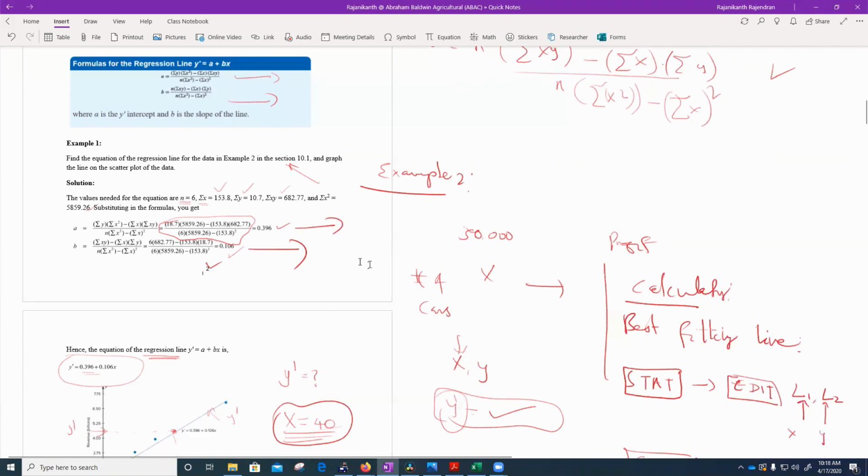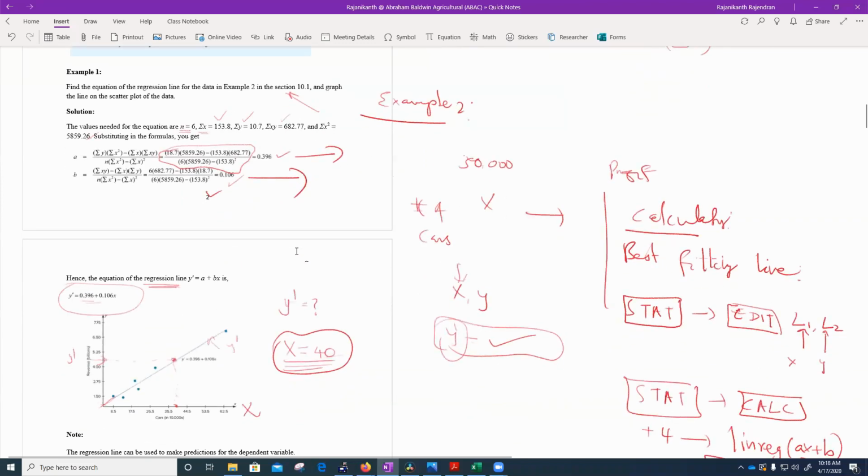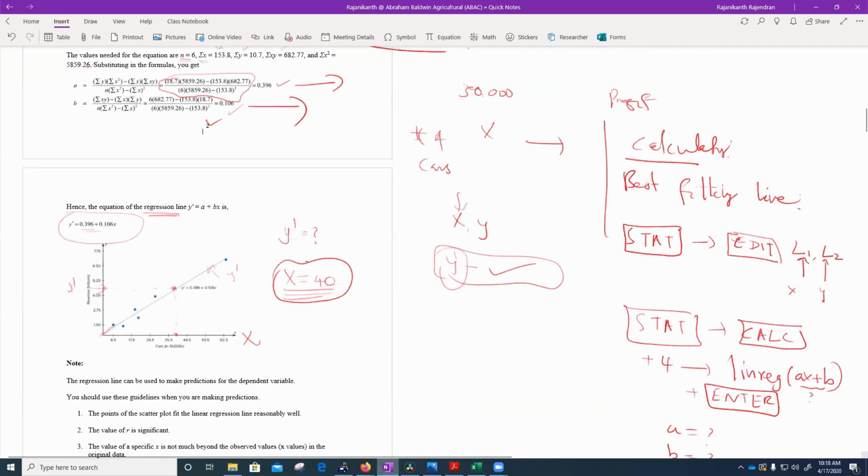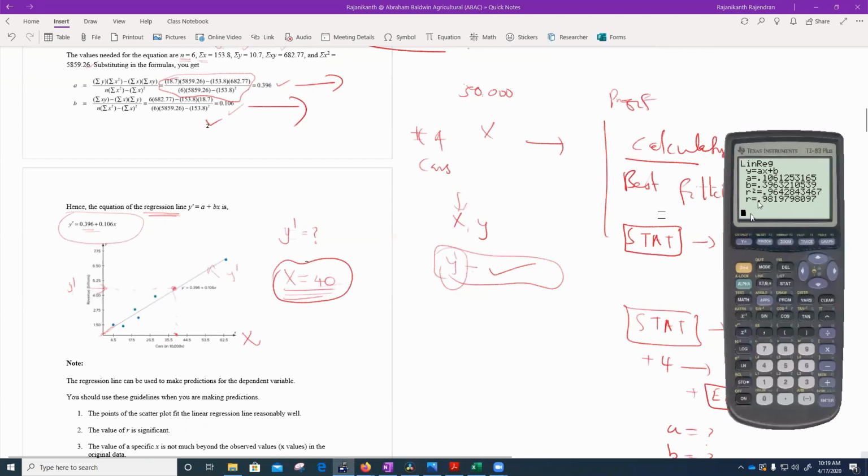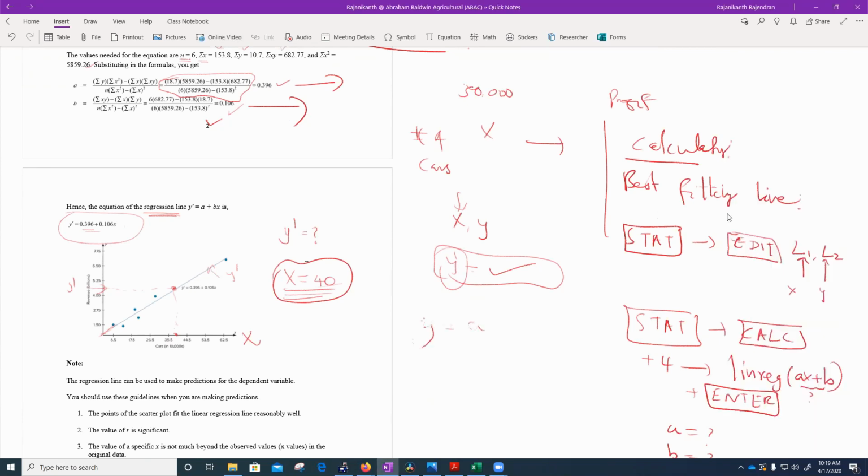Let me tell you one more thing, so there is no confusion. You need to interchange the letters in your calculator answer. Why? The calculator gives y equals ax plus b, but our formula says y prime is a plus bx.